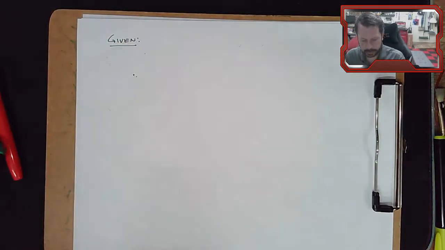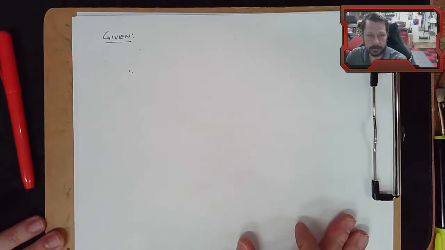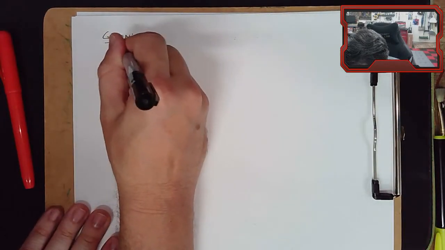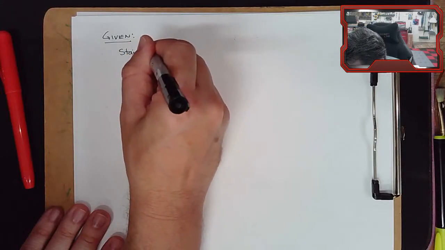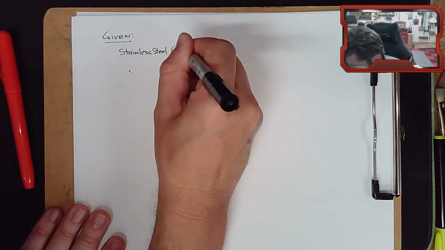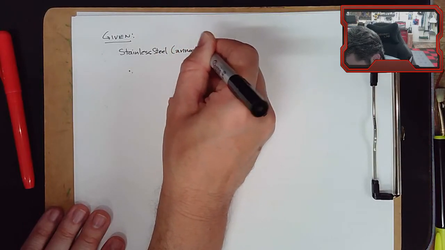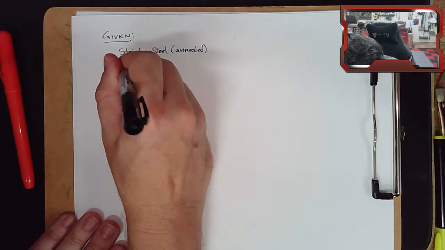We're given that we're going to be working with a stainless steel pressure vessel. So that'll tell us something about the material properties we need to deal with. We're going to make this an annealed stainless steel. It will be spherical.